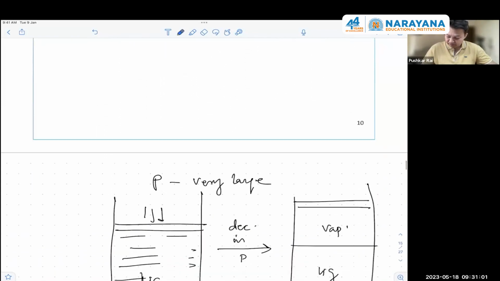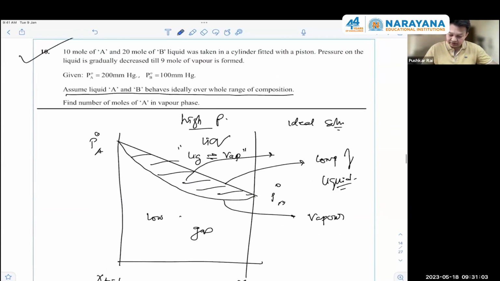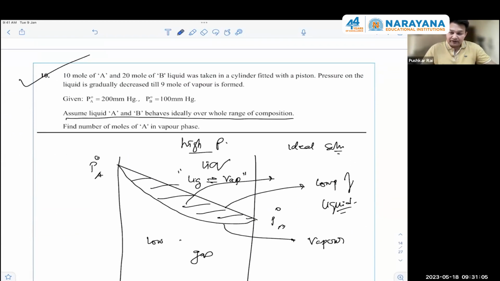Funda of this problem. Every problem I have selected here is a theoretical problem. Some tricks or theoretical points are associated with this one. This is related to ideal solution, and an ideal solution can be totally separated by fractional distillation. 100% separated if it is ideal.